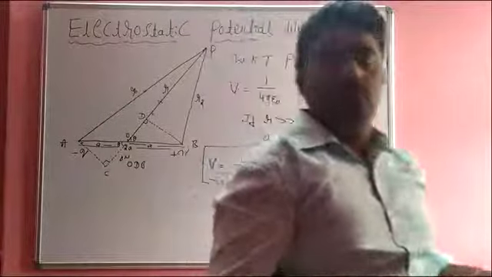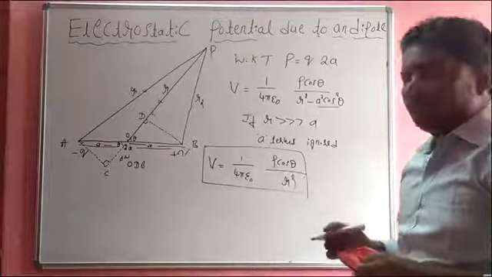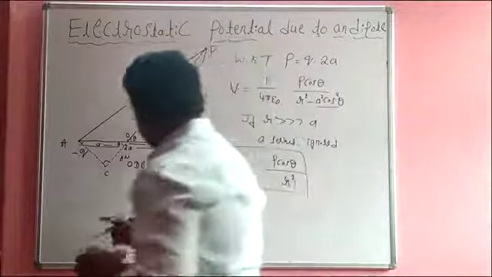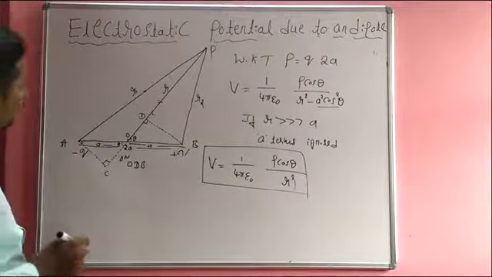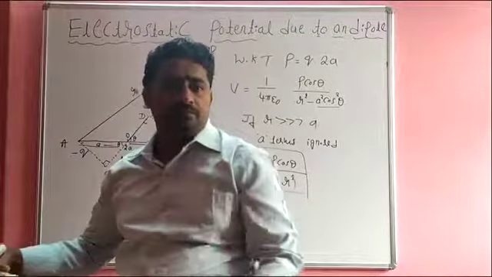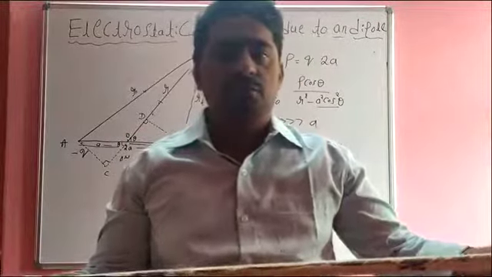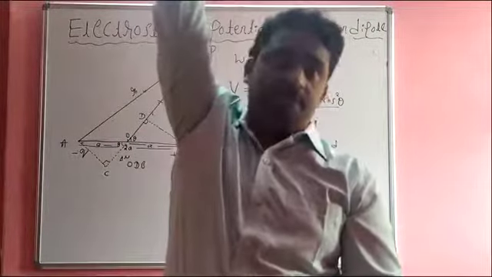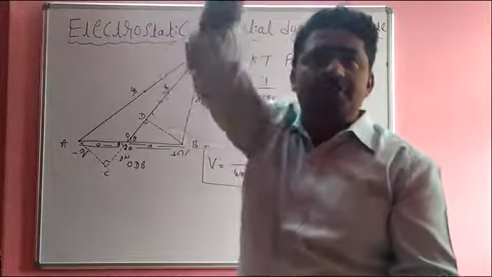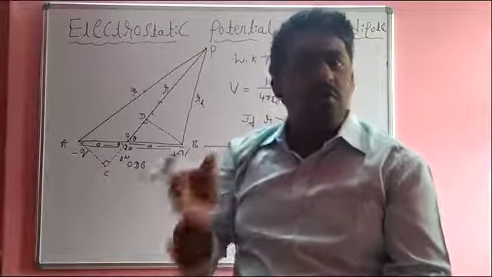Now, if the theta value is 90 degrees, so this is the dipole, this is minus q, this is plus q, and this is 90 degrees. The equipotential surface is at 90 degrees, perpendicular or normal to the dipole.